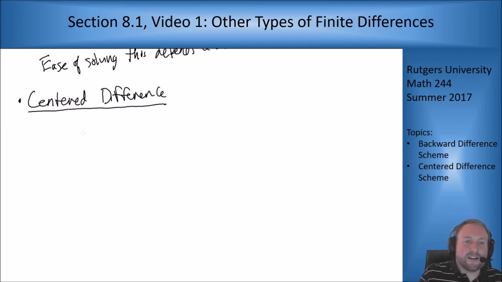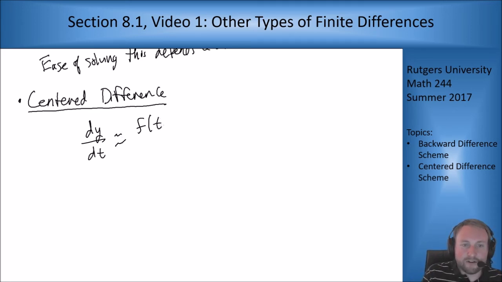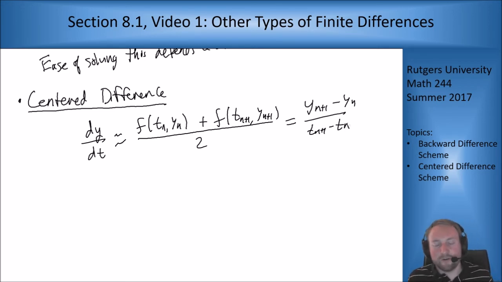The idea here is that I want to approximate dy/dt not just by the value at the beginning point or the value at the end point, but by the average of the two: (f(t_n, y_n) + f(t_{n+1}, y_{n+1})) over 2. And I'm going to want this to be (y_{n+1} - y_n) over (t_{n+1} - t_n), as we had before for all our other methods.